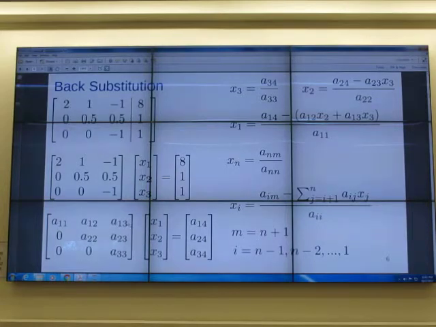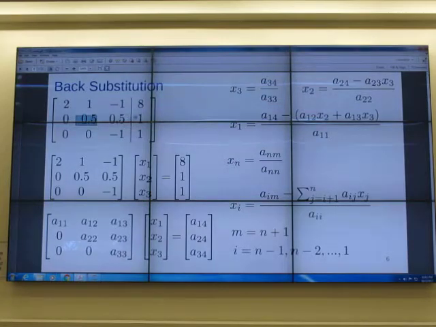Back substitution allows us to get the actual values. So minus 1 of x3 equal to 1, so x3 equals minus 1, right? You use that divided by that number, or x3 equals a34 divided by a33. What about x2?